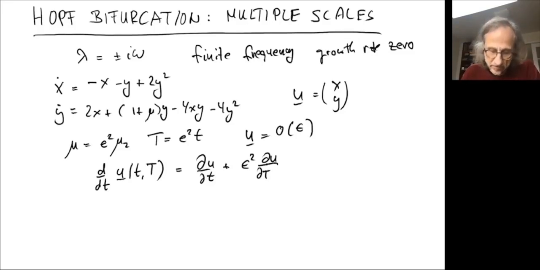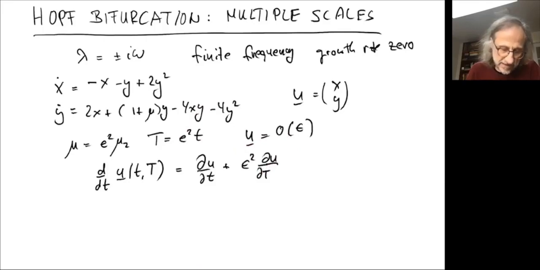And now we need to write these equations in a more constructive form. What will happen? First, these time derivatives will generate a fast time and a slow time term. The term with the fast time will not generate an additional order of epsilon, whereas the term with the slow time will generate an order epsilon squared term.